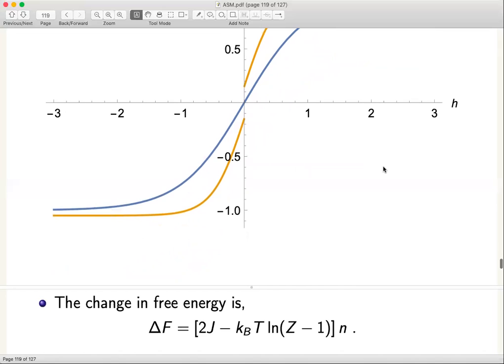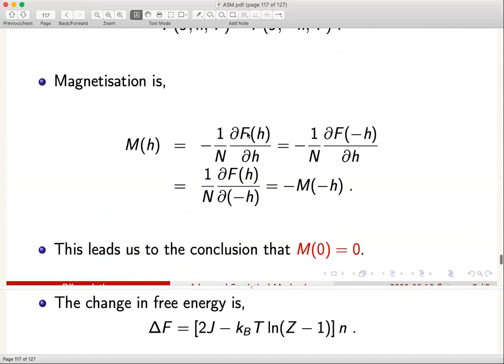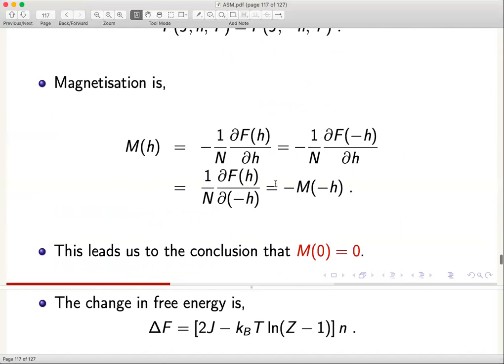But the point that it is trying to make is that you could have, in the thermodynamic limit, m and minus m values when h is 0, depending upon how h equal to 0 is approached. Although this argument is correct, it is correct only when N is finite.